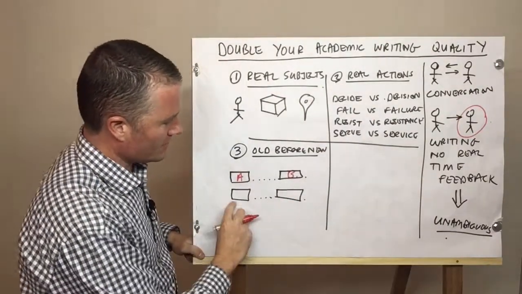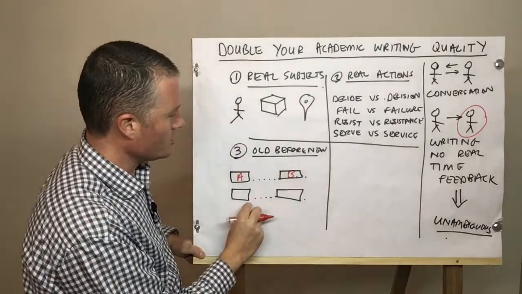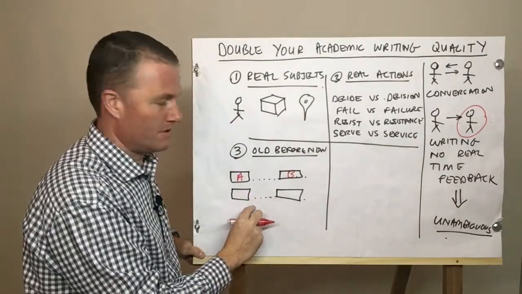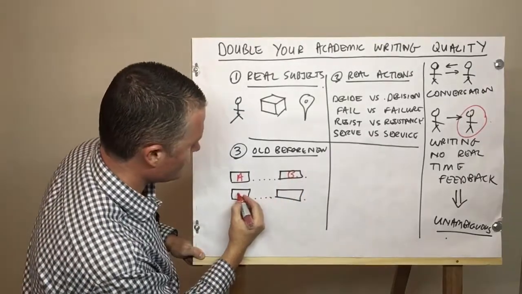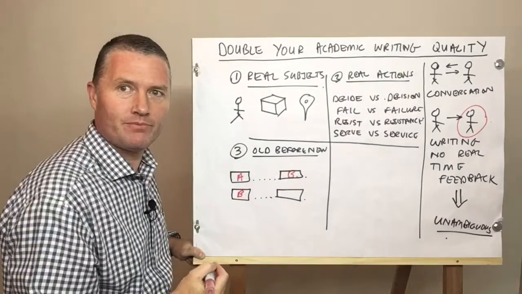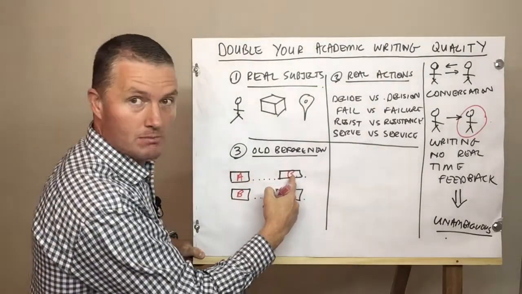So in the second sentence, and imagine this is just 2 sentences in a paragraph, you should consciously start off the next sentence with the concept that you just ended the previous one with. So concept A, boom, boom, boom, concept B at the end.